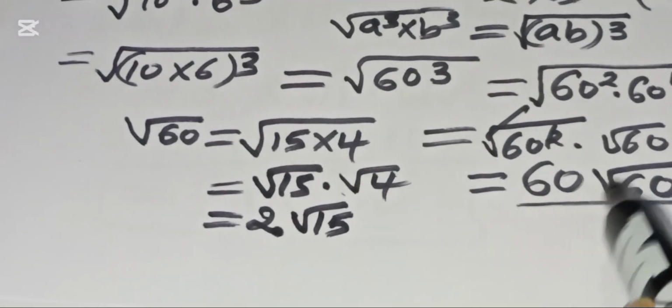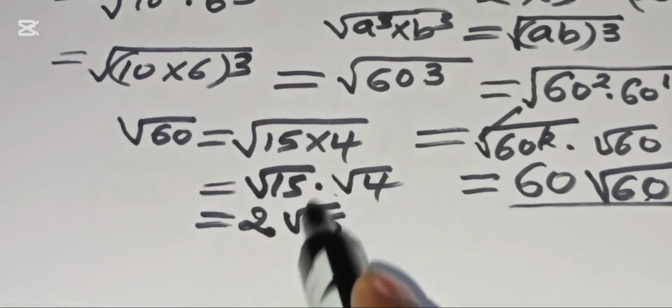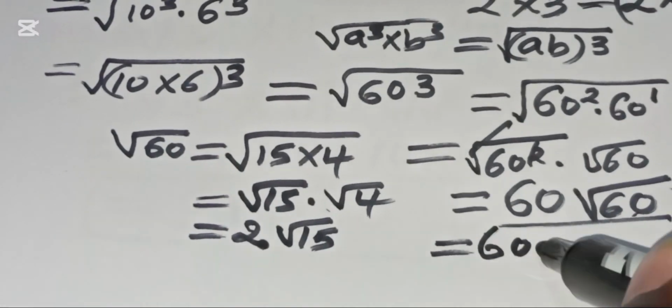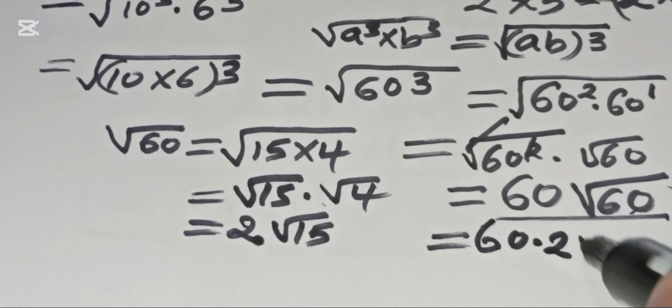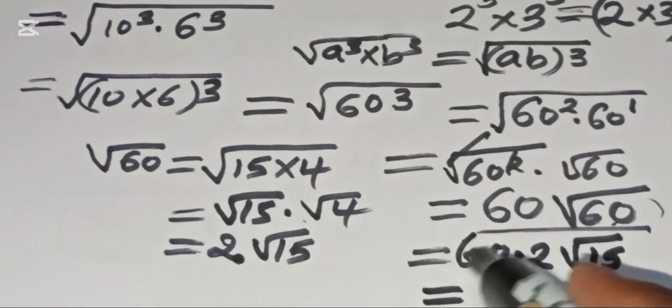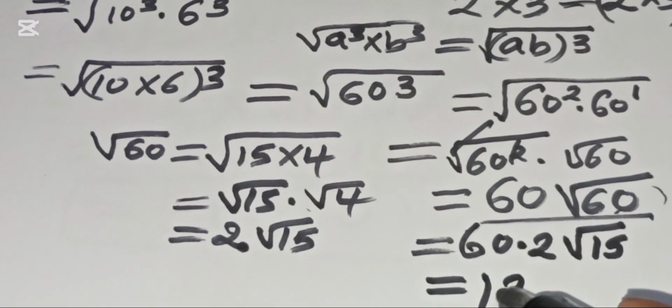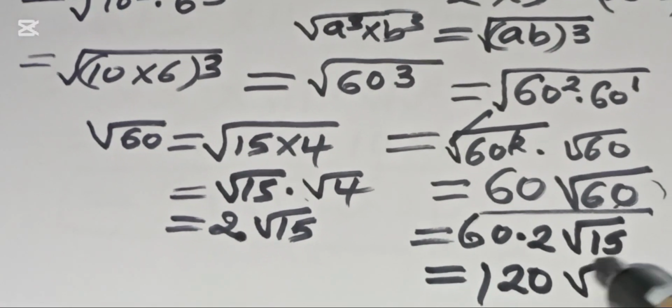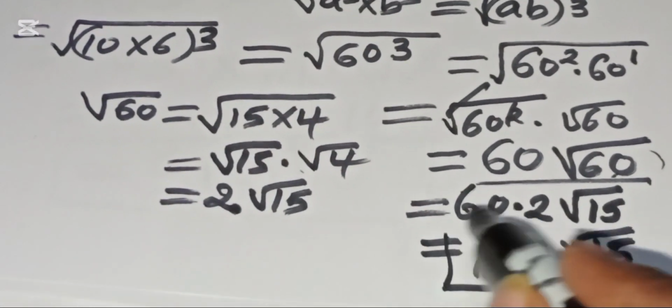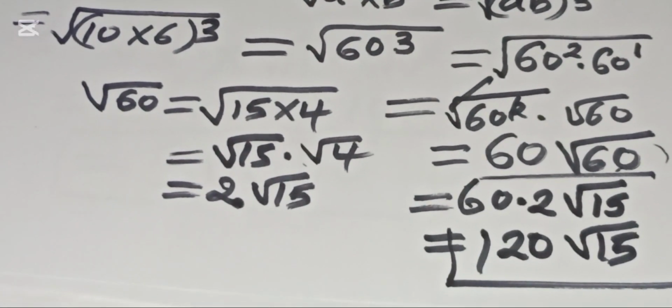So we substitute the square root of 60 with 2 square root of 15. This is 60 multiplied by 2 square root of 15, which is equal to 120 square root of 15. And this is the solution applying the first method.